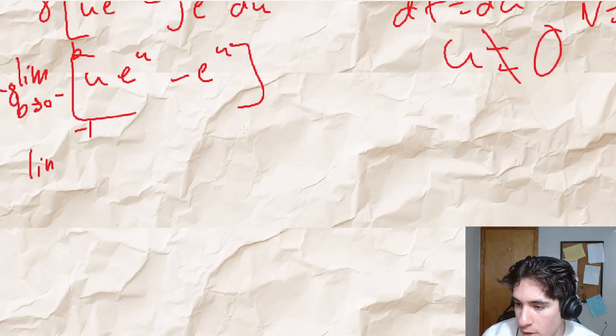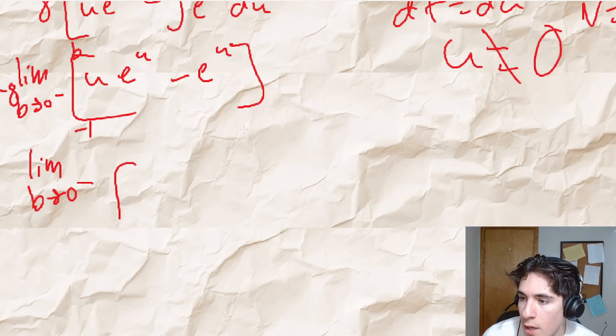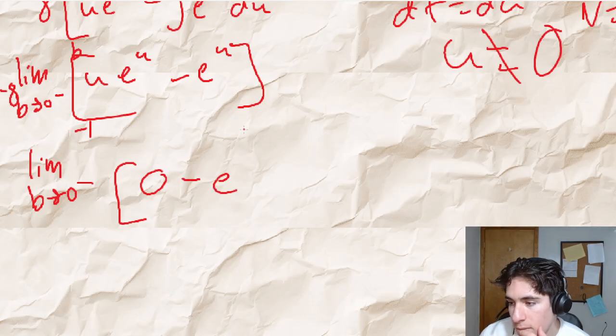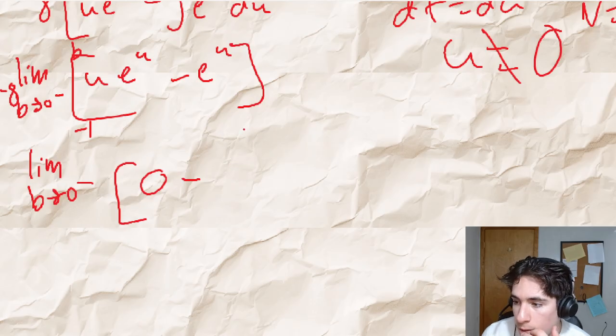U, the limit as b approaches 0, is going to be u, or basically it's going to be approaching 0, minus e to the power of 0, or just 1. That's the first term.